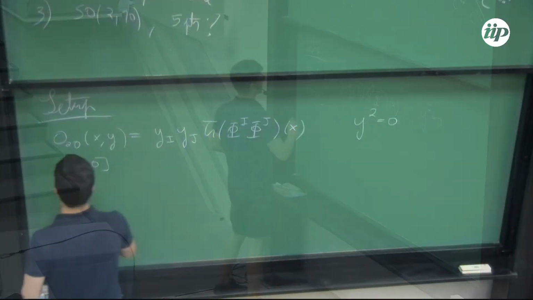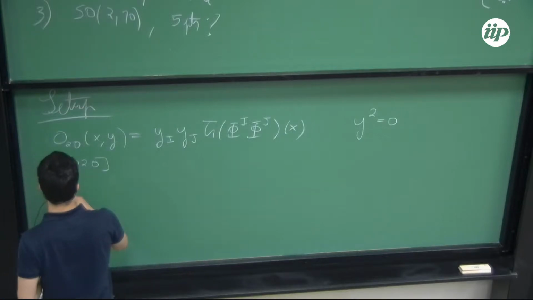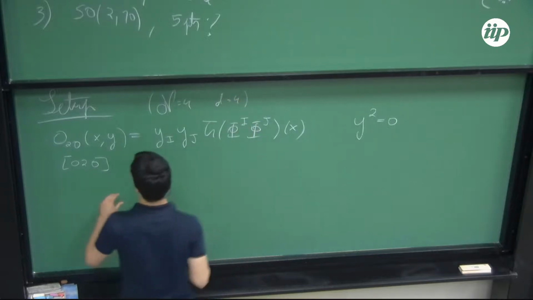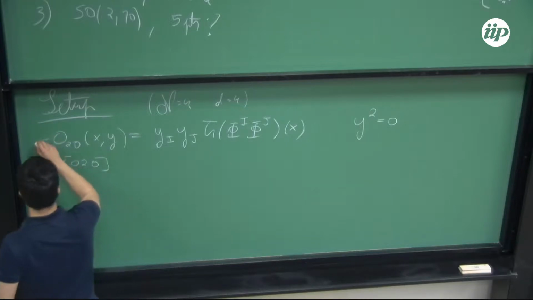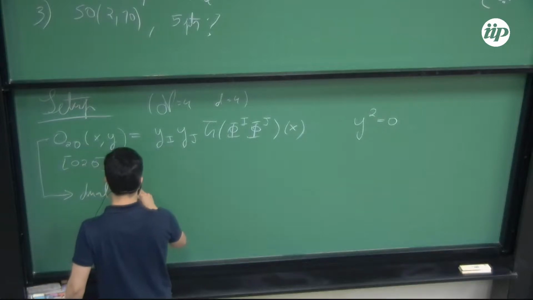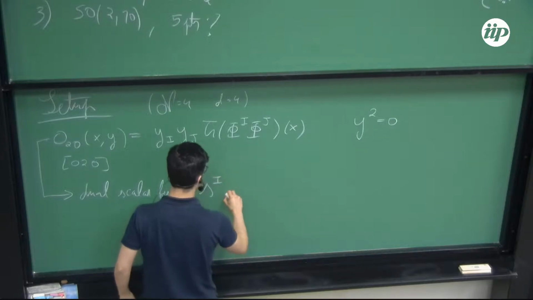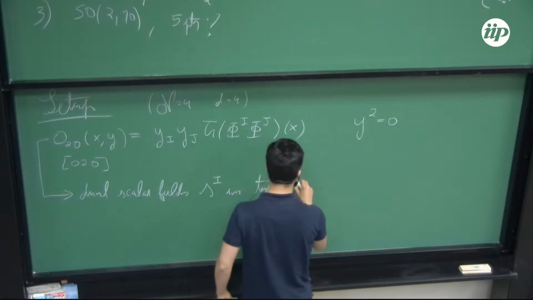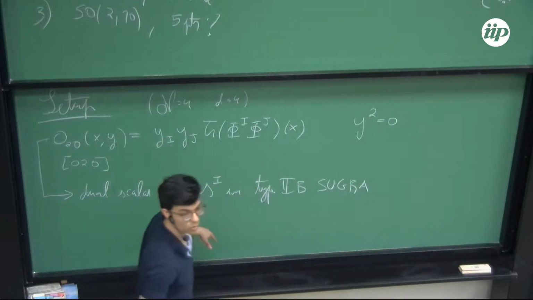These operators are defined in N=4, d=4. And what we're going to consider is the AdS dual, where these are dual to some scalar fields in type IIB supergravity in AdS5 x S5.